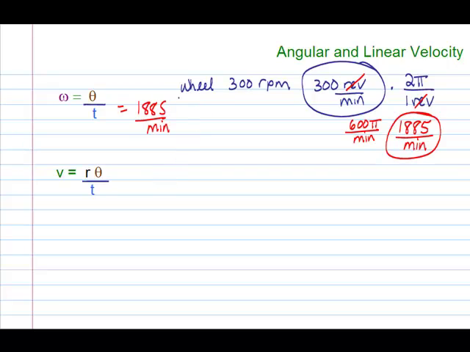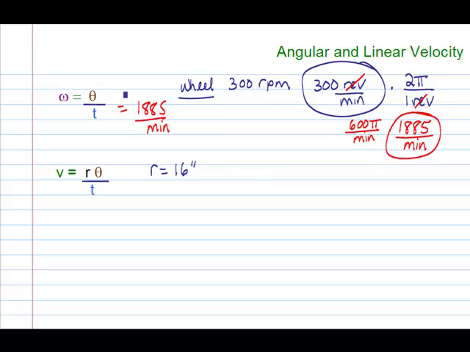Now we're talking about a tire, a wheel, something that a vehicle is actually riding on. So what we'd like to say is, how fast could somebody be going on a road if they're traveling on a wheel that's rotating at 300 revolutions per minute, or 1885 radians per minute? For that we'd need to know the size of the tire because that does have an impact. So we're going to say that the radius of this tire is 16 inches.